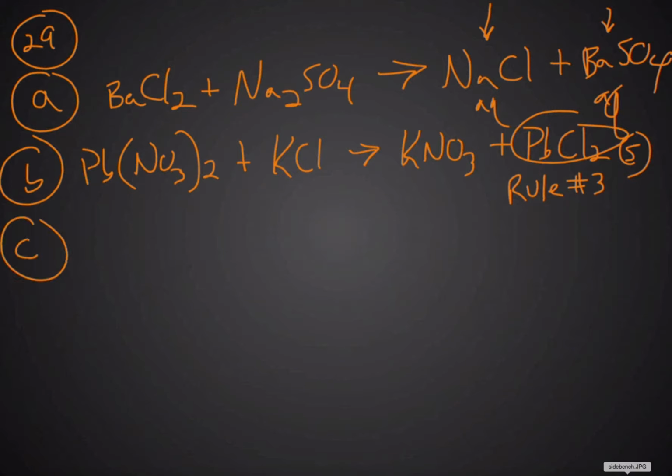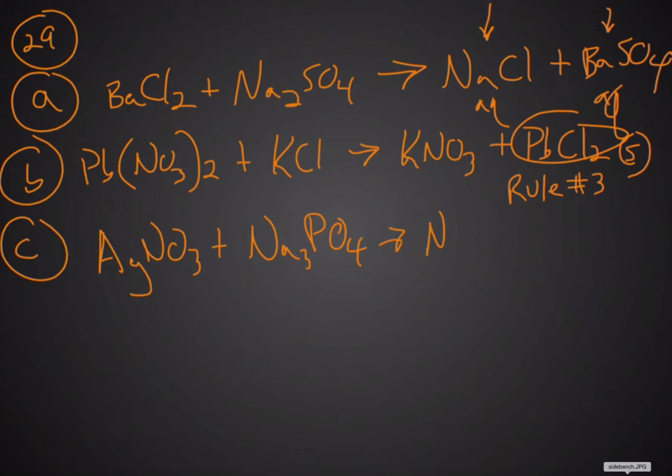For the third one, we've got silver nitrate and sodium phosphate, which, if you rearrange that, you'd end up with sodium nitrate and silver phosphate. And according to rule number 6, silver phosphate is insoluble, so that's going to be your precipitate.